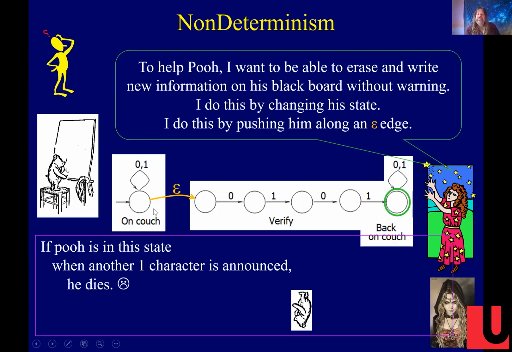So if there's not a 0, 1, 0, 1, he just can't get there. He can busy wait here. The fairy godmother can push him at some point, but there's absolutely no way for him to get over here and not die. Also, suppose he got here and the input stopped, well, then he's on a reject state, so it'll get rejected. There's just no way for him to get here. Everybody follow that?